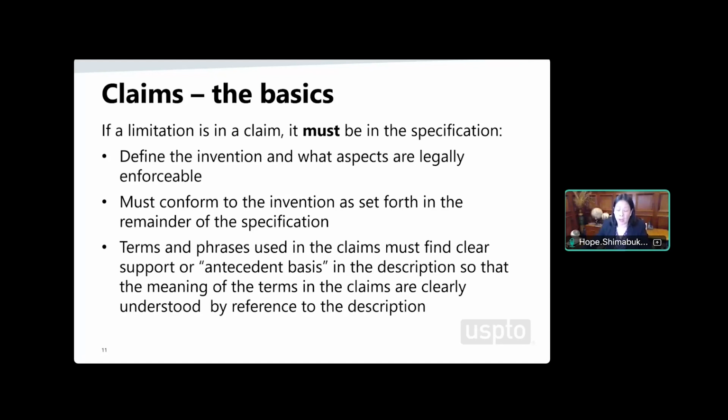If you do that, you have to define it in your specification. As the inventor, you have the opportunity to become your own lexicographer, but please remember that you have to specifically define it in your specification. Otherwise, we will apply the plain and ordinary meaning of that specific word if it is not in the specification itself.